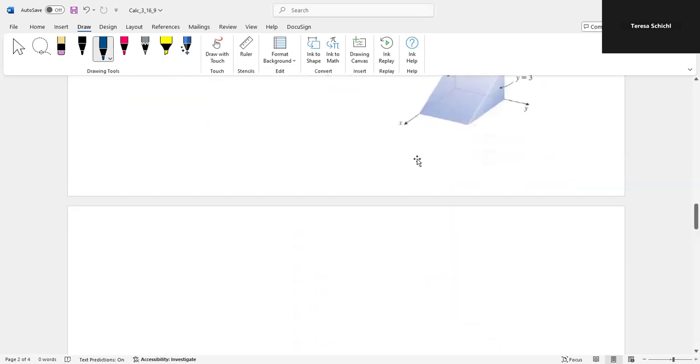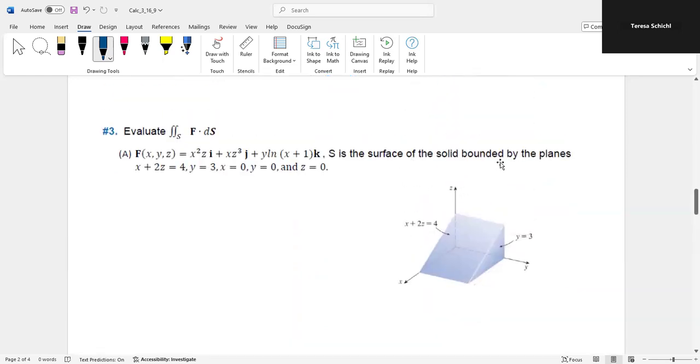Okay, let's take a look at this one. The surface is getting a little bit complicated. It's a solid bounded by all these planes.